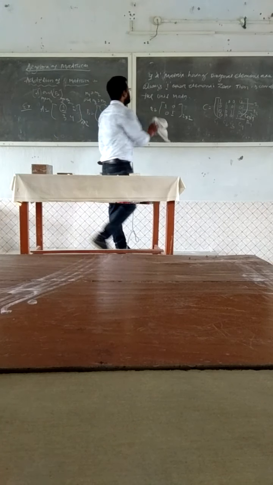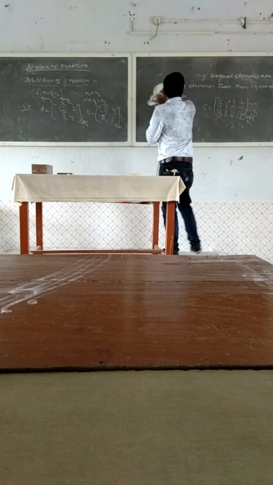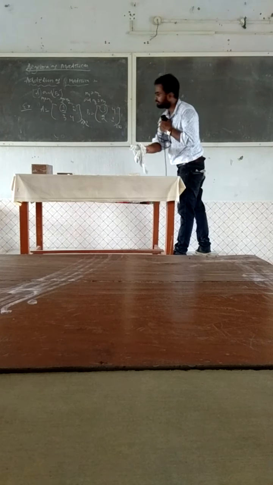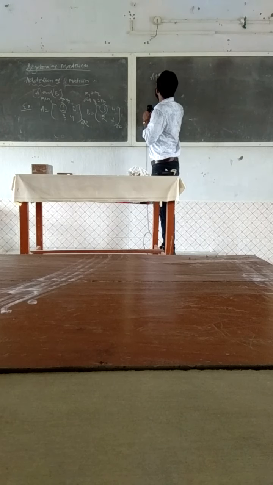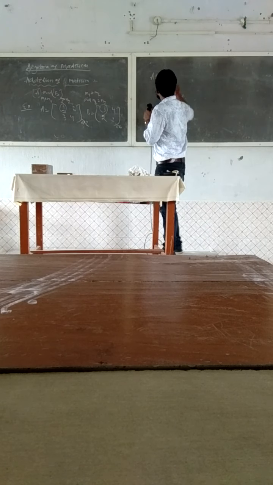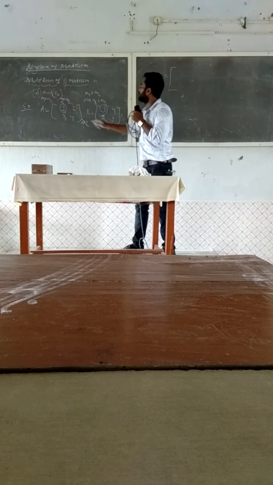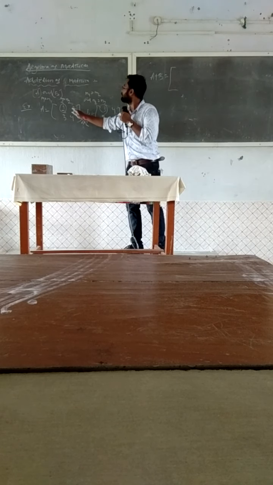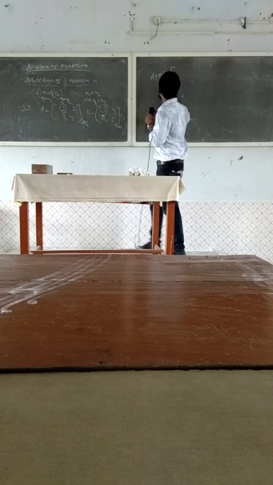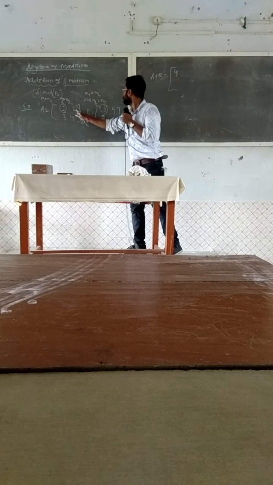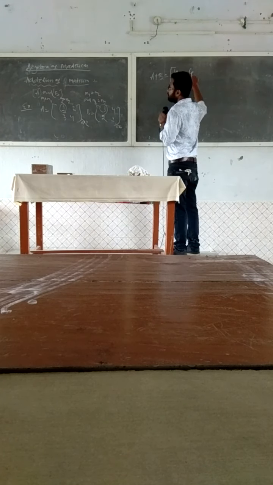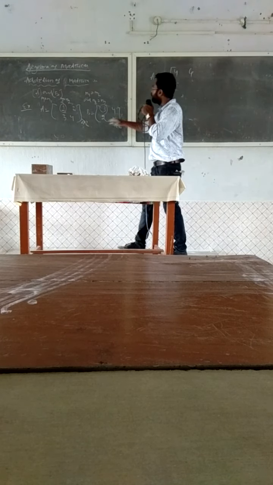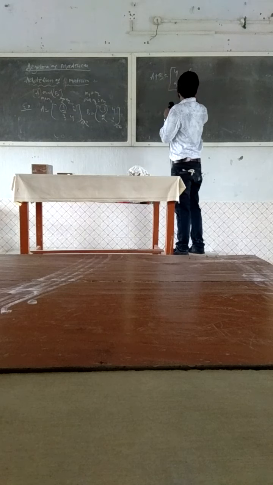Now the addition is A plus B equals respective elements added with the respective elements: 1 plus 3 is 4, 2 plus 4 is 6, 3 plus 2 is 5, 4 plus 1 is 5.